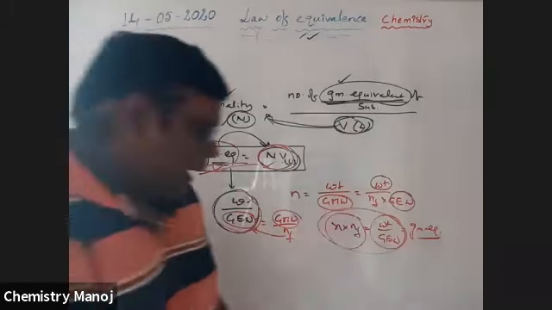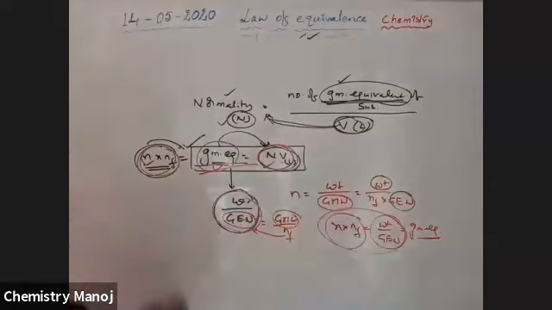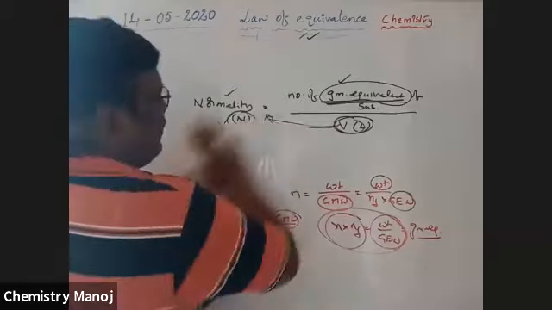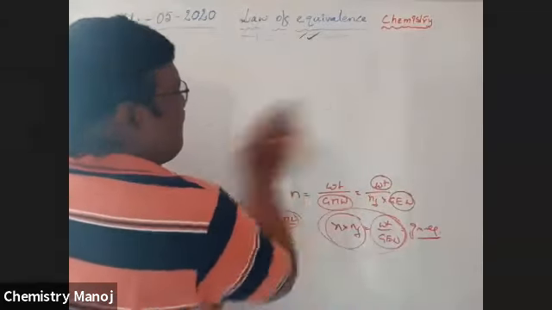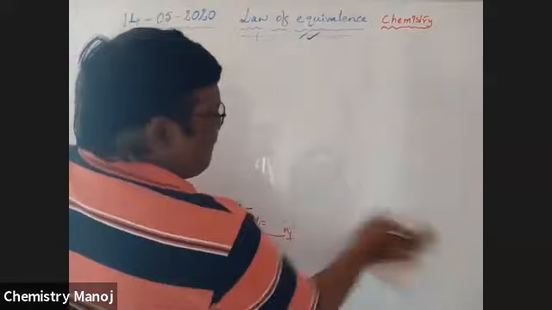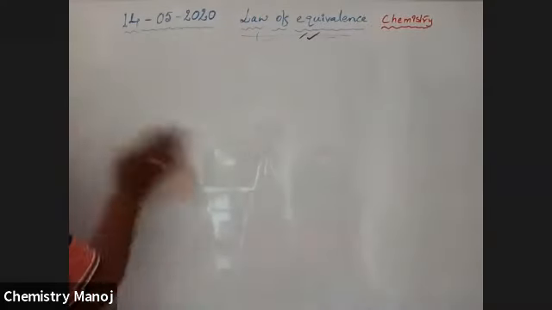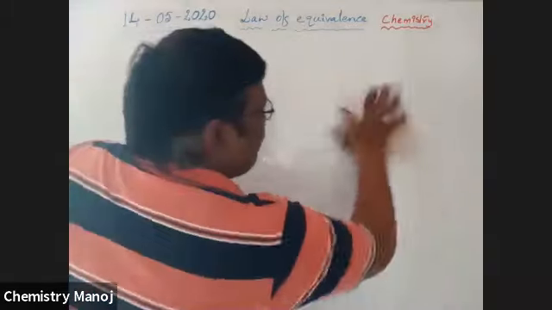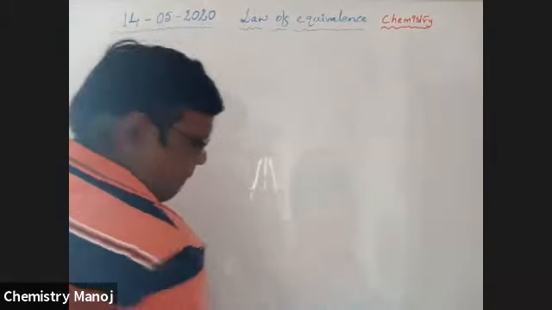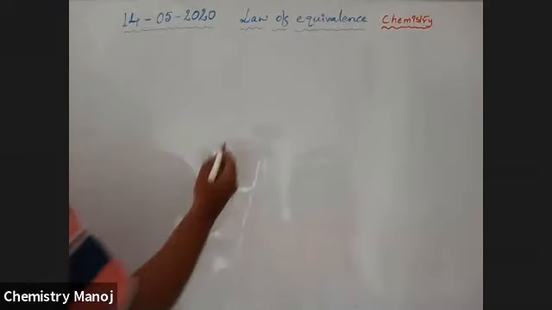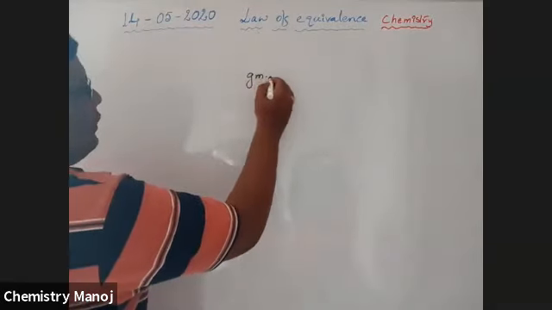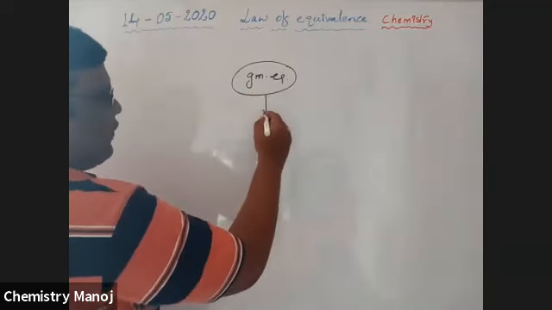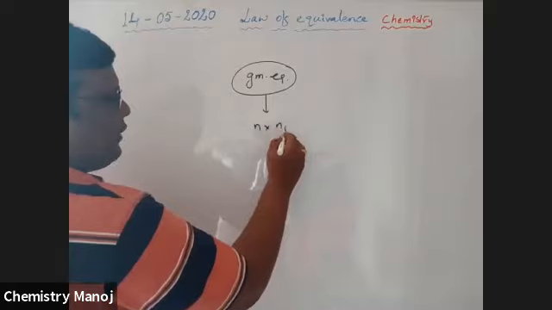Okay. Finally, I am going to conclude this topic here. Gram equivalent is calculated by using the formula, first one, n into n factor.